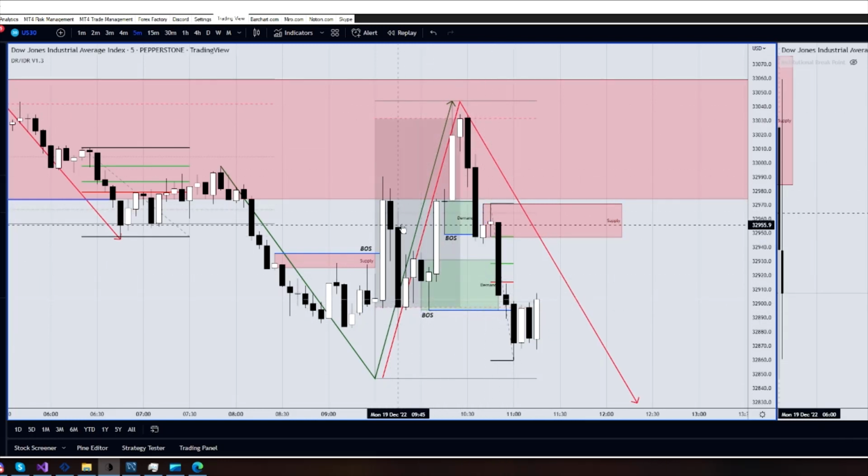Now this is the market maker sell model, and we have 2 breaks of structure. So going upwards, we initially had the break of structure here. This would be the first phase of distribution, and then we have the second phase just by here, and we get these huge moves up and taking out the liquidity on the other side.